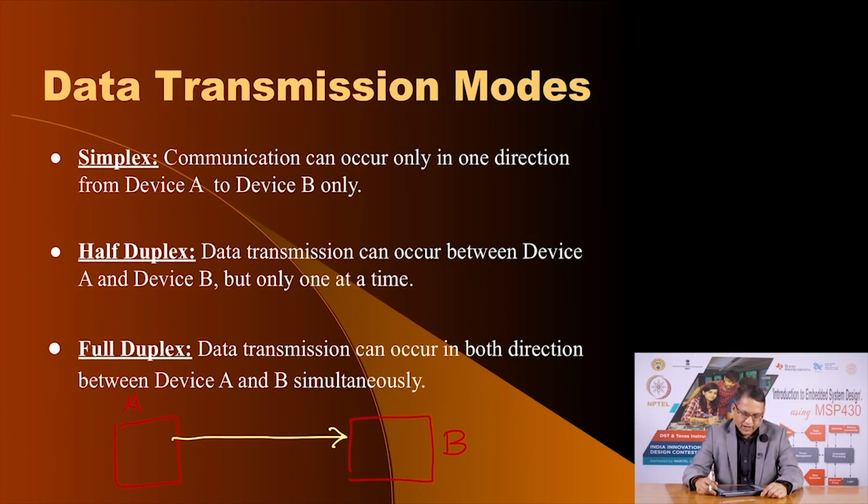Then you could have half duplex, in which it is possible for A to communicate information to B as well as for B to send back information to A, but not at the same time. This is called half duplex. And when you have full duplex, which means you transmit from A to B and B to A, and these two transmissions can happen simultaneously, this is called full duplex.